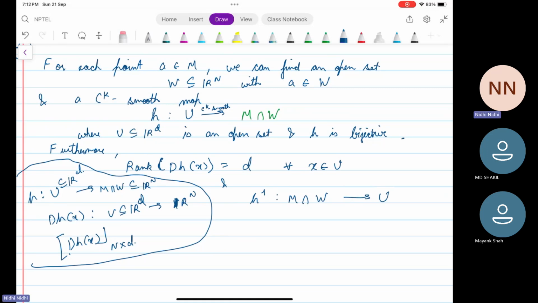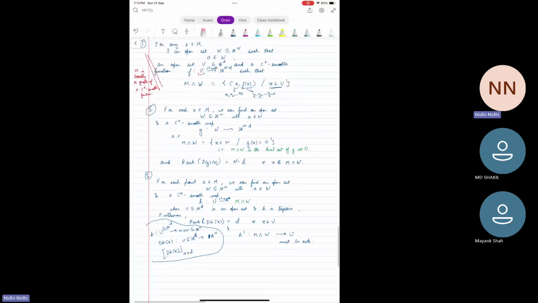Because for the linear case, it's clear that isomorphism implies the dimension should be the same. But I don't think that holds for any smooth function. I'll look for some example if I can find one. This H inverse must be continuous. So yeah, these are three equivalent definitions of the manifold.